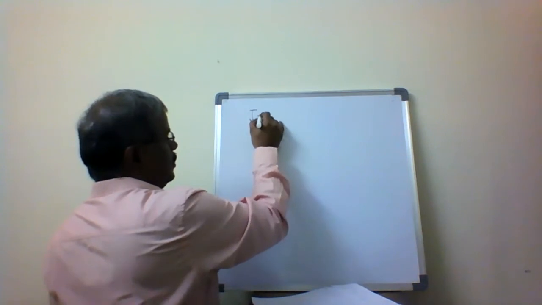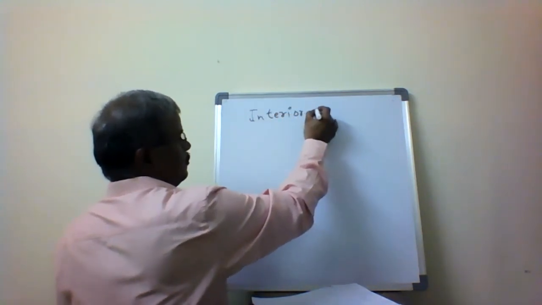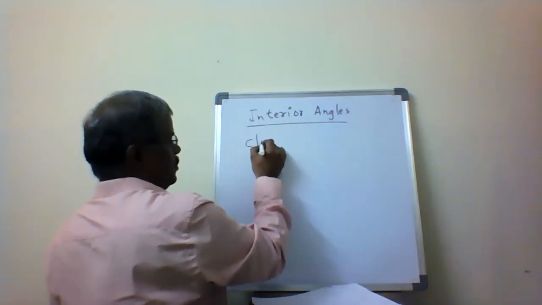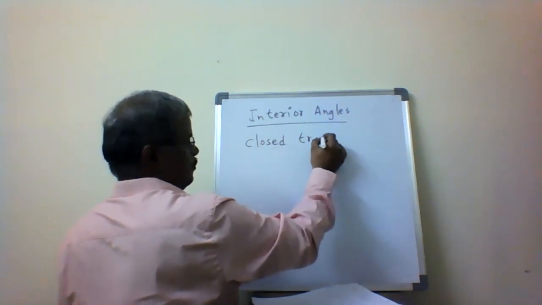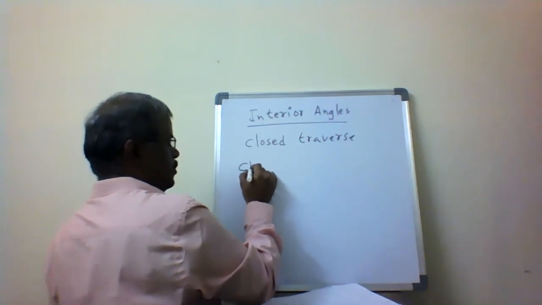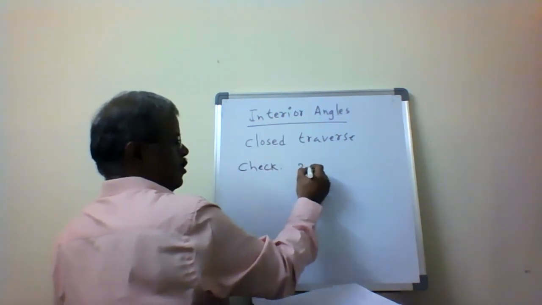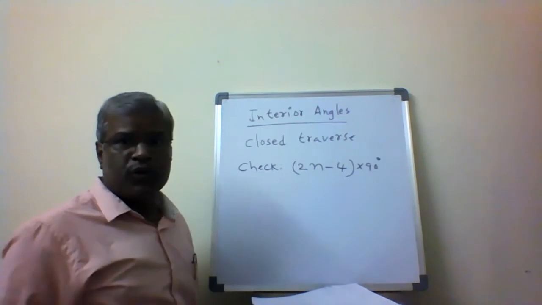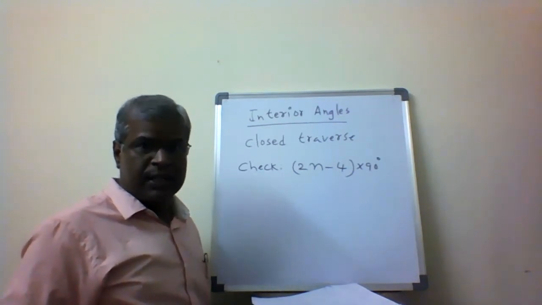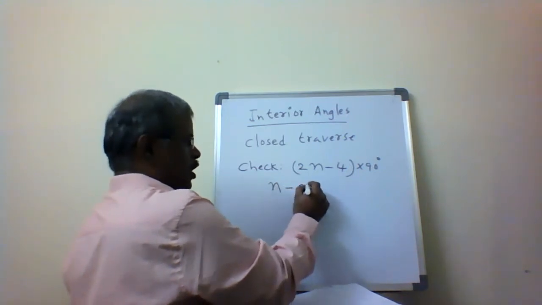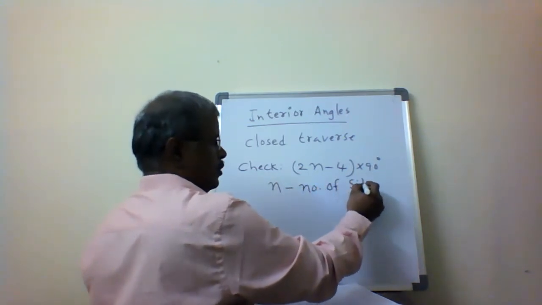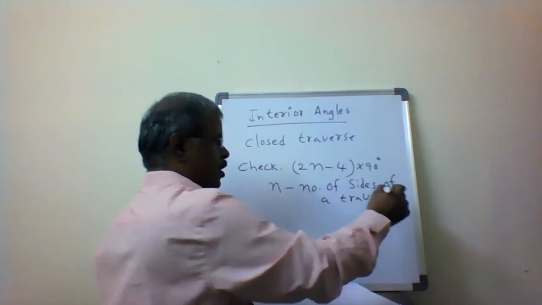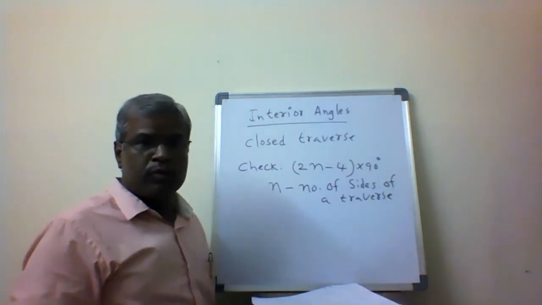If it is interior angles of a closed traverse, the check is (2n minus 4) right angles, where n is the number of sides of the traverse. In the previous problem there are 5 sides.